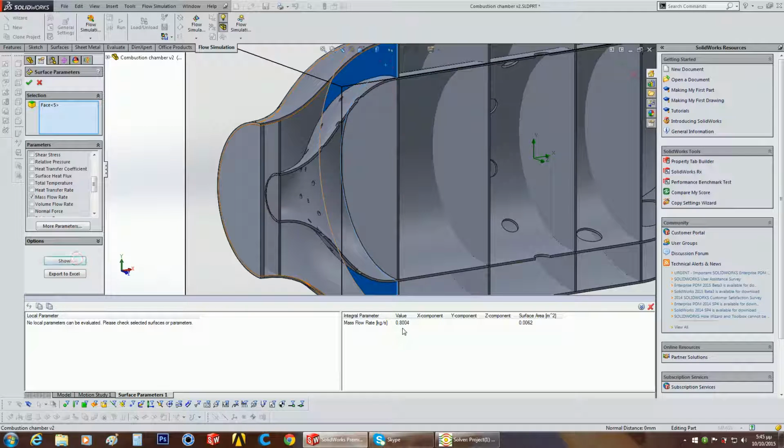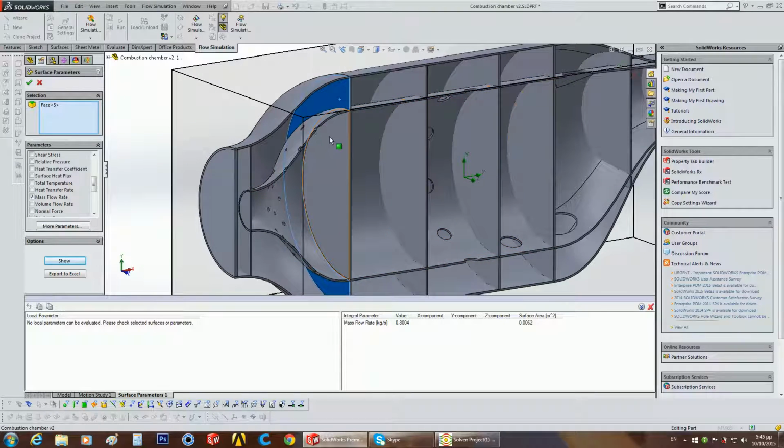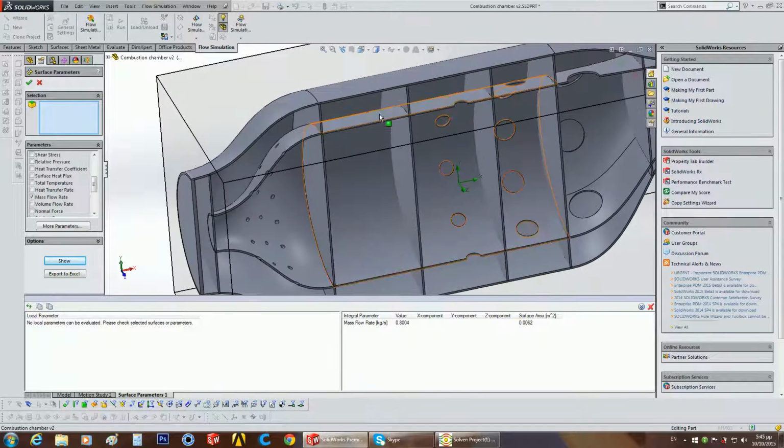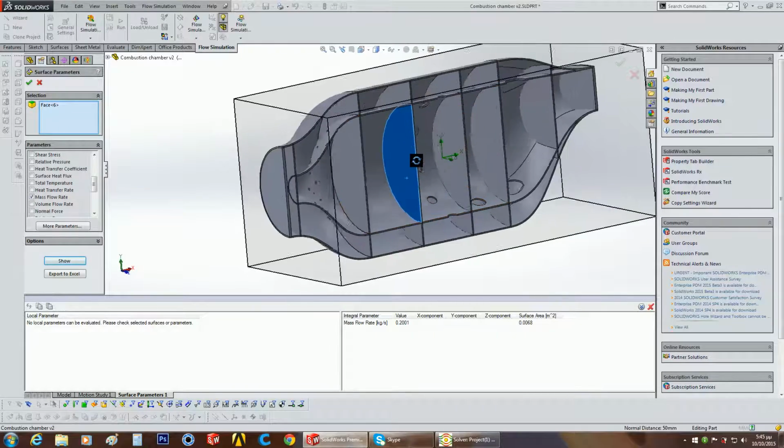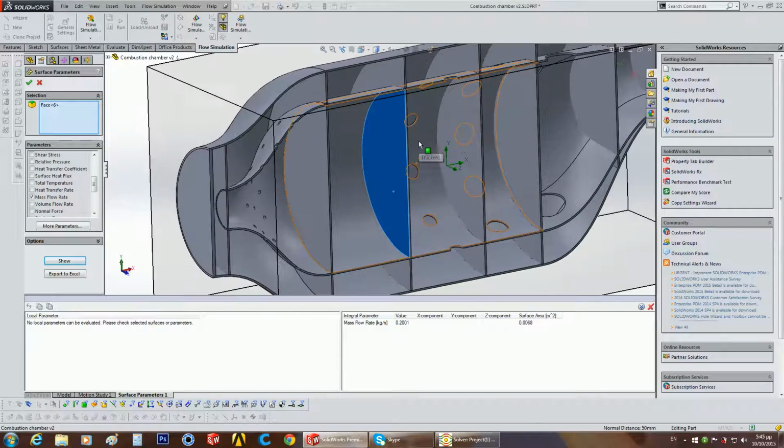On the outside, we have 0.8 kilogram per second. Because we have no holes in this section, the flow rate at this point should be the same as at this point. So in the first section we have 0.19, in the second we have 0.2. Okay, there is again a small deviation, but it's okay.